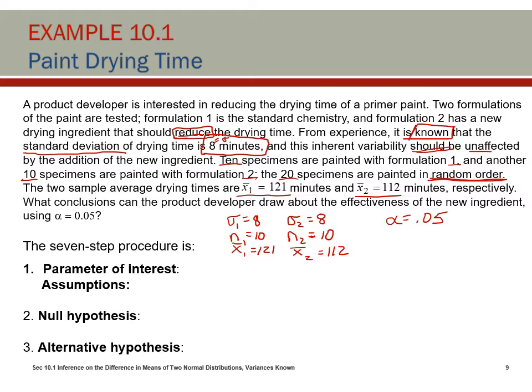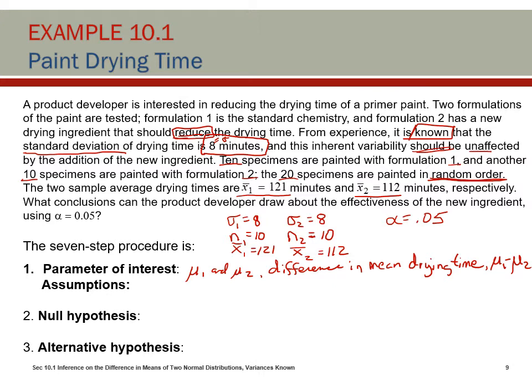So our parameter of interest is going to be mu1 and mu2. It is the difference in mean drying time, and you could write that difference as mu1 minus mu2, since it's a difference.